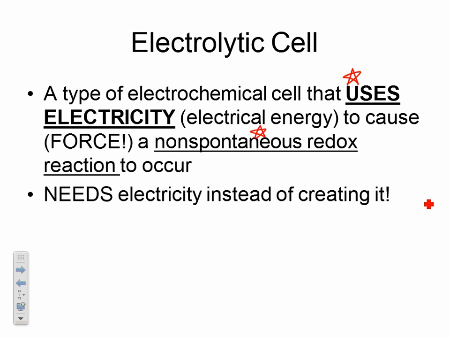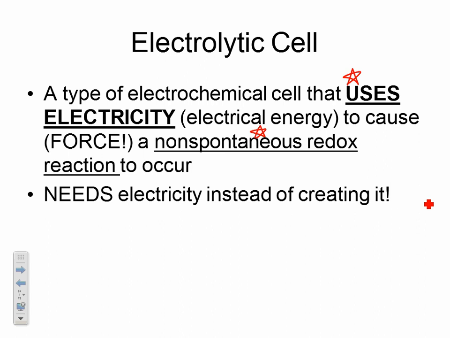So like all of those non-spontaneous reactions, when we think about table J and the activity series, and ask will this reaction occur or will it not occur? Well, if it's non-spontaneous, then it won't happen on its own, but if you use an electrolytic cell, that cell can kind of force and push that reaction to happen.